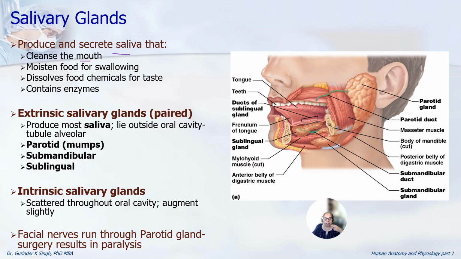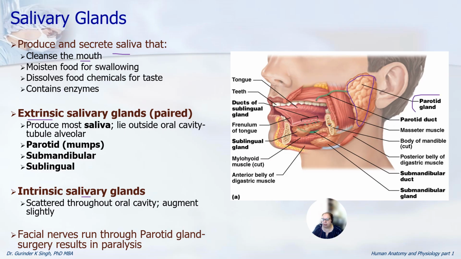There are two types of salivary glands: the extrinsic salivary glands and the intrinsic salivary glands. The extrinsic glands are outside the oral cavity. The largest one is the parotid gland, right here.